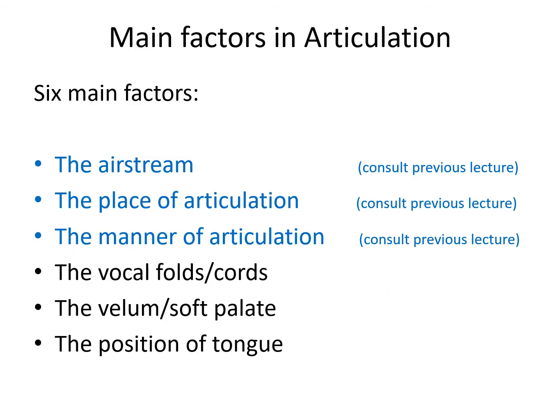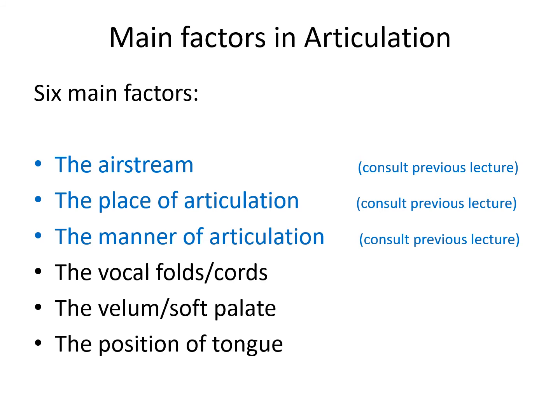When we talk about articulatory phonetics, there are six main factors we must keep in mind. Number one, the airstream mechanism, as we discussed in our previous lecture. Then the place of articulation and the manner of articulation. Last week I sent you two lectures related to place of articulation and manner of articulation.